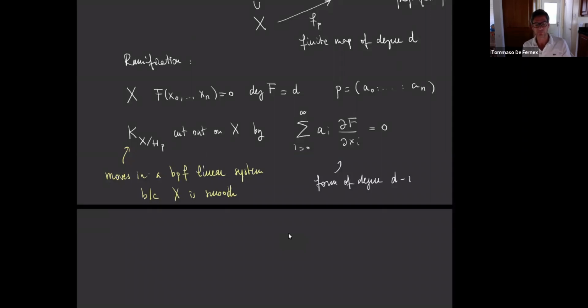So when you plug the coordinates of P inside there, you want the equation of the tangent space to vanish there, and this is exactly this condition. Okay, I've got to think about that, but okay. Yeah. Again, it's easier to see if you fix coordinates, so the point P is 1, 0, 0, 0, 0, and now you want the equation of the tangent space to be x0 equal to 0.